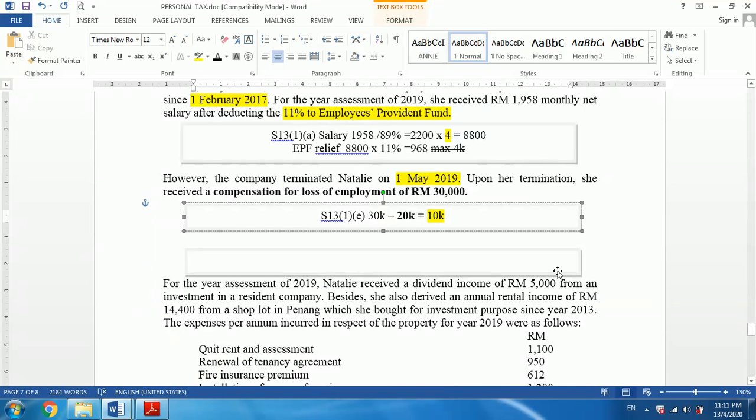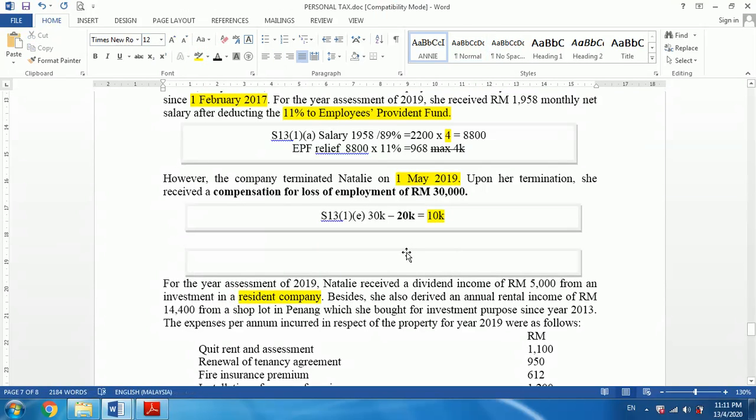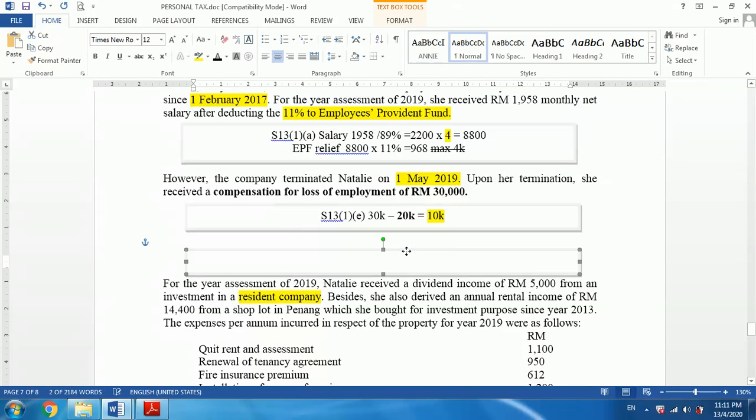Next one, beyond the employment income, Natalie also received a dividend income of 5,500 from a resident company. So beyond the employment income that she earns, she also has a dividend income under section 4C. Okay, and the answer will be nil. Why? If you remember, under dividend we have a lot of exemptions. One of the exemptions is called single tier dividend.